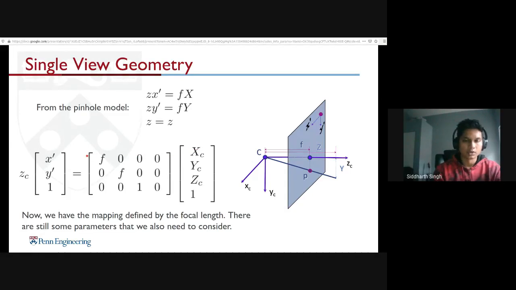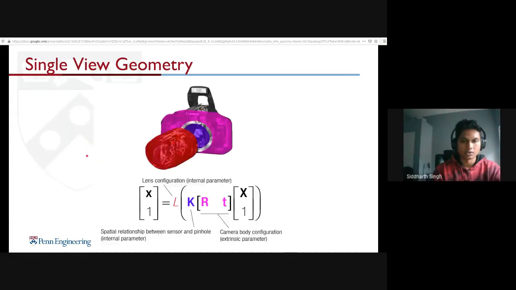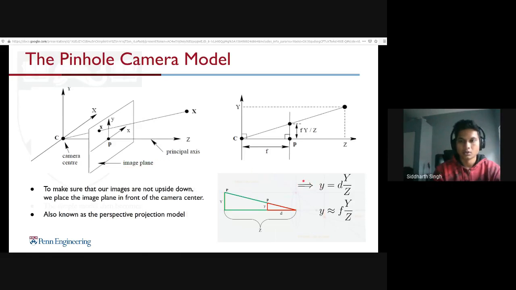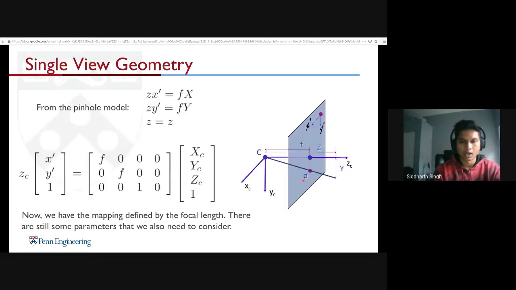right? So the equation that we had here, if we try and make a similar one for x and y both, and we know that z is z because we made it constant for this image plane, we can have a matrix formulation like this. If you expand this matrix formulation, you'll get x dash is equal to fxc, y dash is equal to fyc, and z is equal to zc.